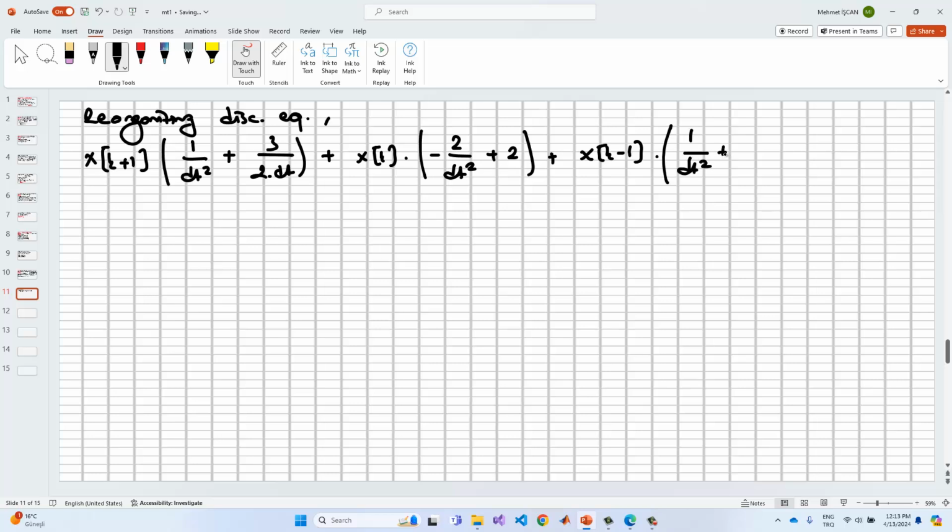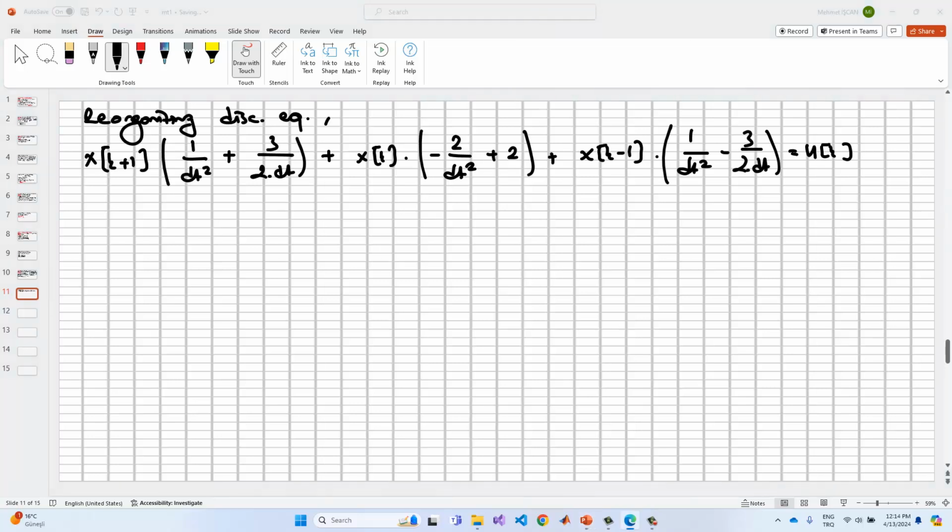dt square plus, no, it's not plus, minus 3/2 dt. Okay, and uk must be given in this case.